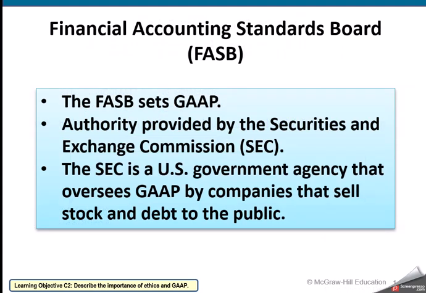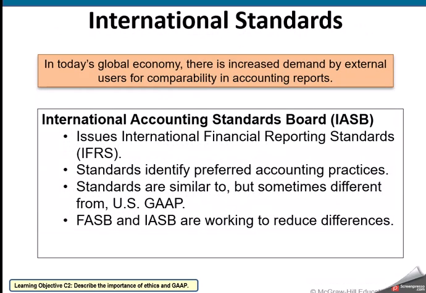The Financial Accounting Standards Board, FASB, are the ones who actually set generally accepted accounting principles, and their authority is given to them by the Securities and Exchange Commission. The Securities and Exchange Commission governs all publicly traded companies that are selling stocks and bonds in the stock market.